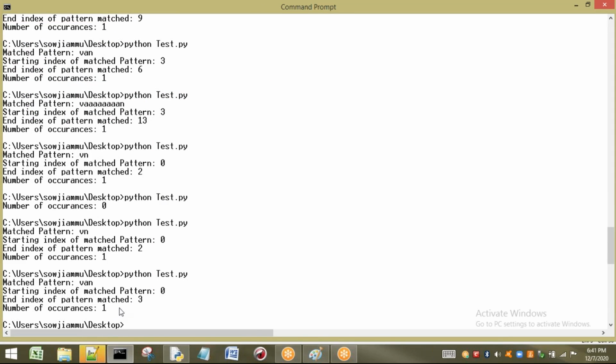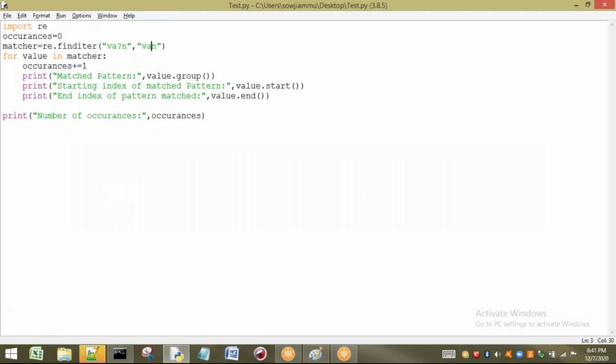Okay, no problem here. Next, I am going to take any number of A's, but it will consider only one A. That means it will consider this one. After this, it will search for N, but is there any N? Not there. And it may see this one also. AN is there, but where is V? Not possible.